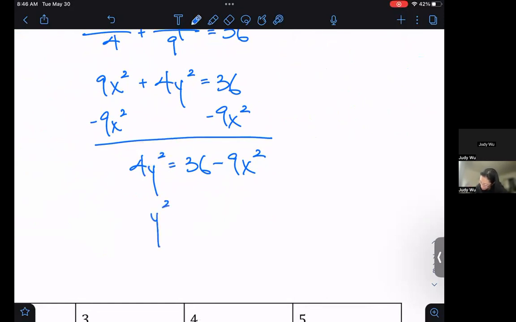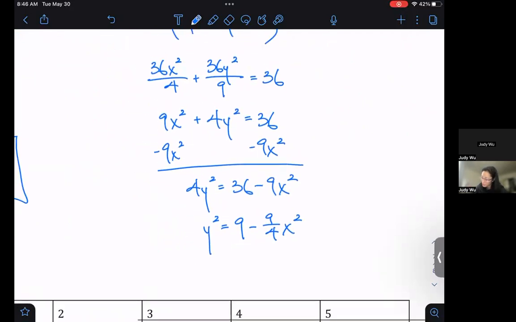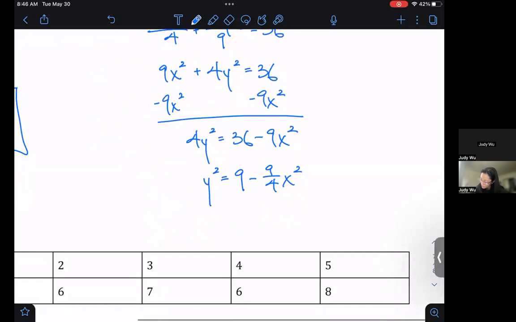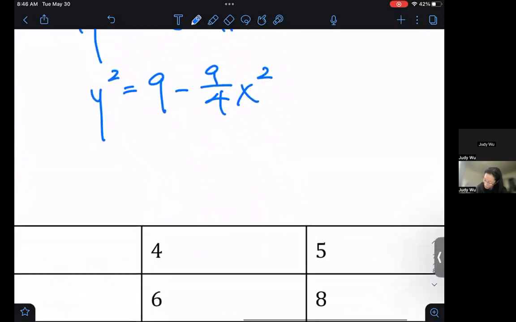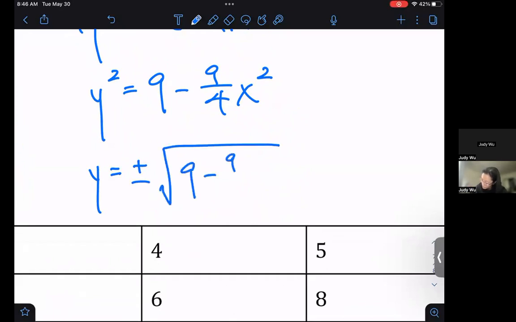So y squared equals 36 divided by 4, which is 9, minus 9/4 x squared. We've got one last step here. We have to take the square root of both sides. y equals, we just talked about this, plus or minus the square root of 9 minus 9 over 4 x squared.